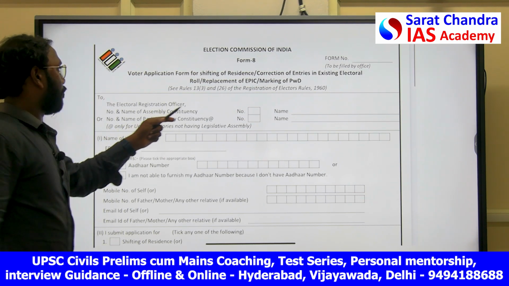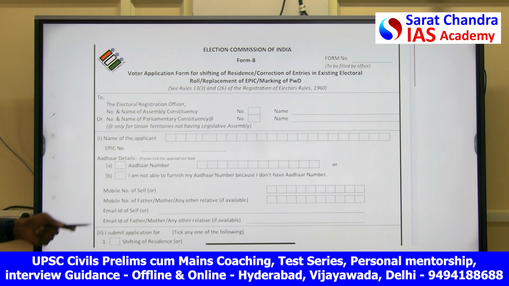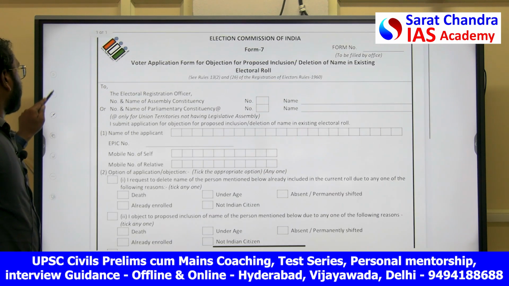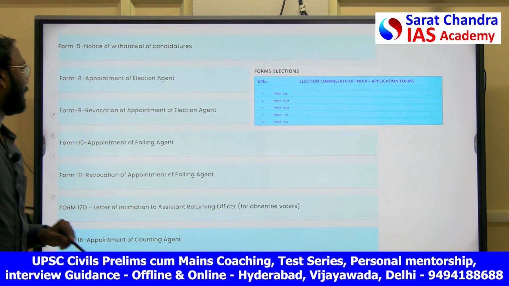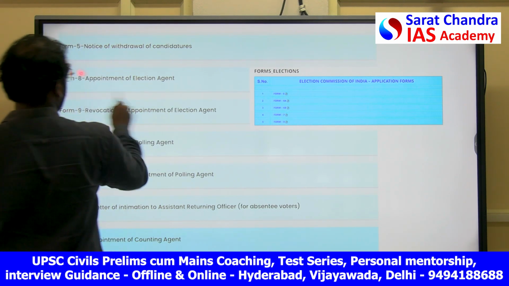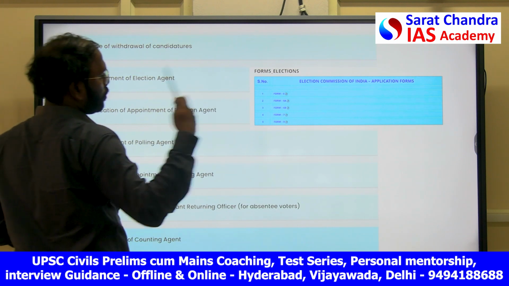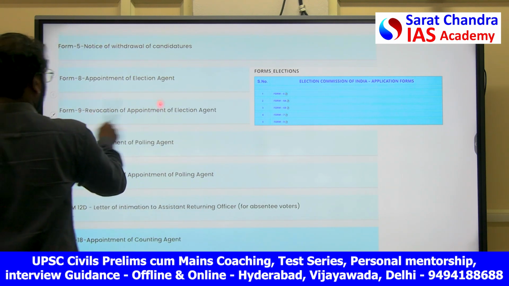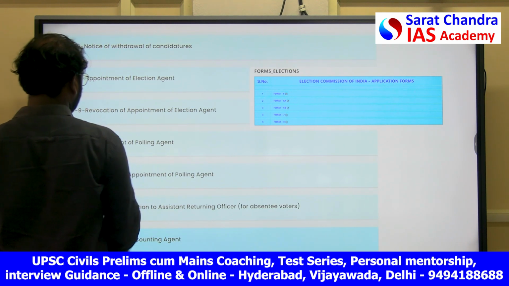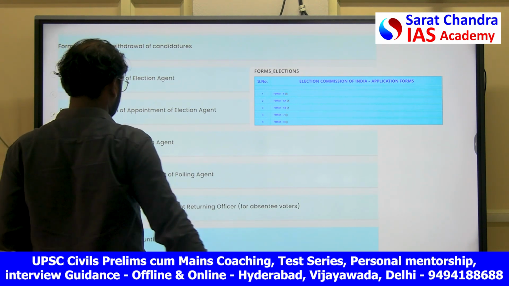So this is Form 8 associated with Rule 13 and subclause 3, whereas Rule 12 deals with one more Form 8, that is the appointment of election agent. Appointment of election agent is associated with Rule 12, and then Form 9 talks about revocation of appointment of election agent. Then we have polling agent, and then we have revocation of polling agent.